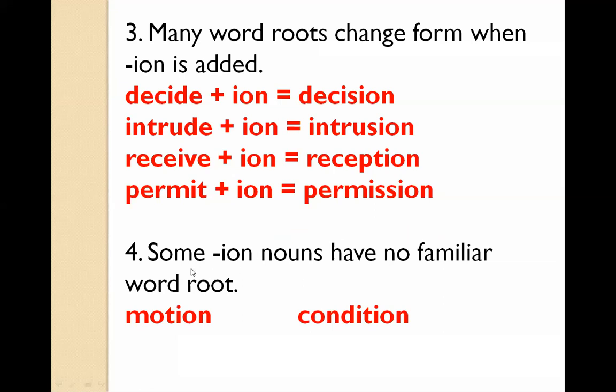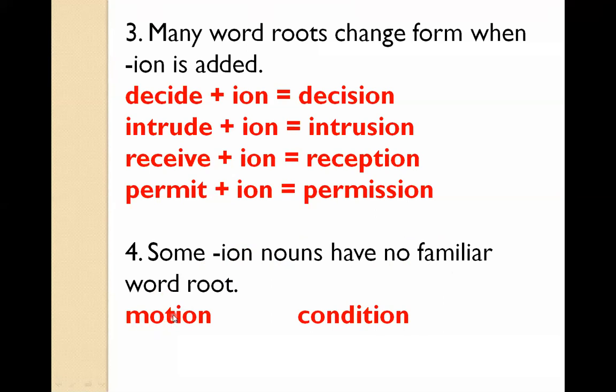Amr Ibrahim, read the fourth and the last concept. Some ION nouns have no familiar word root. Yes, like what? Some words, when we delete ION, when we take the suffix from it, like motion, you study this word in science maybe. MOT is not familiar.